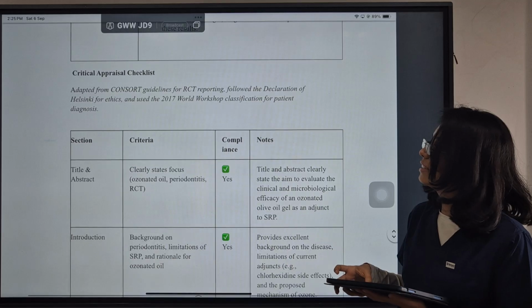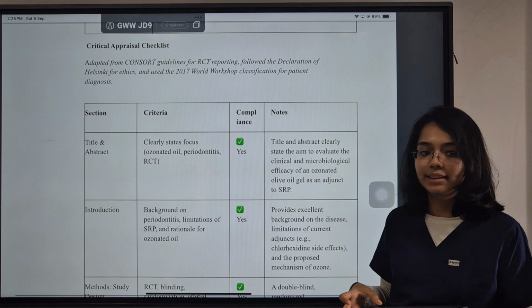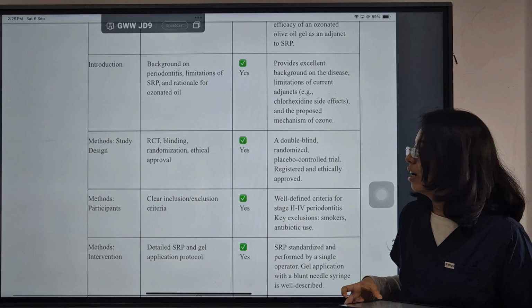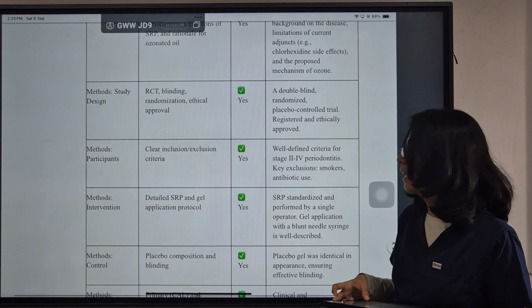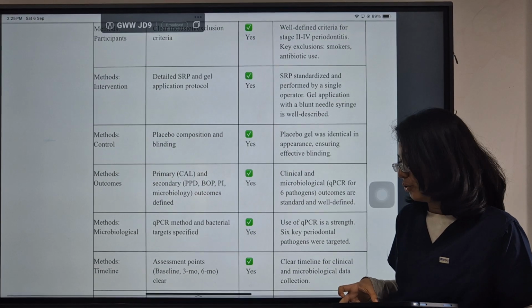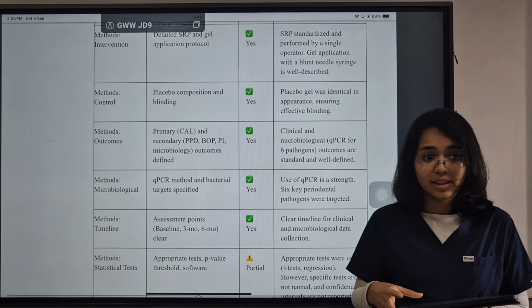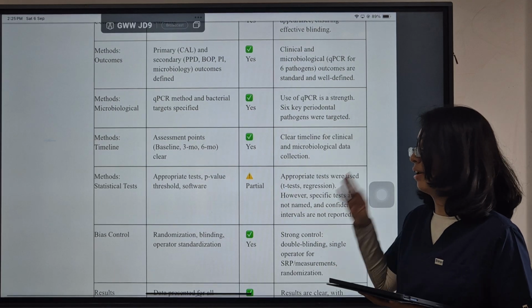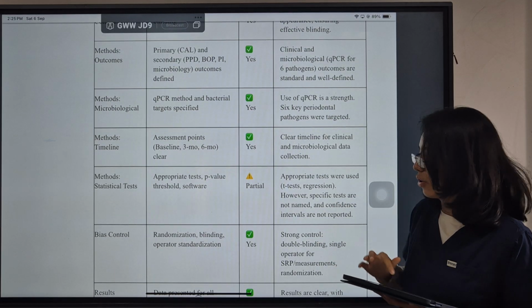This study has followed the CONSORT guidelines for RCTs. The title, the introduction, the methods like the study design, the participants, the intervention, control, outcomes, the microbiological techniques used, and the timeline were all clear and well documented.